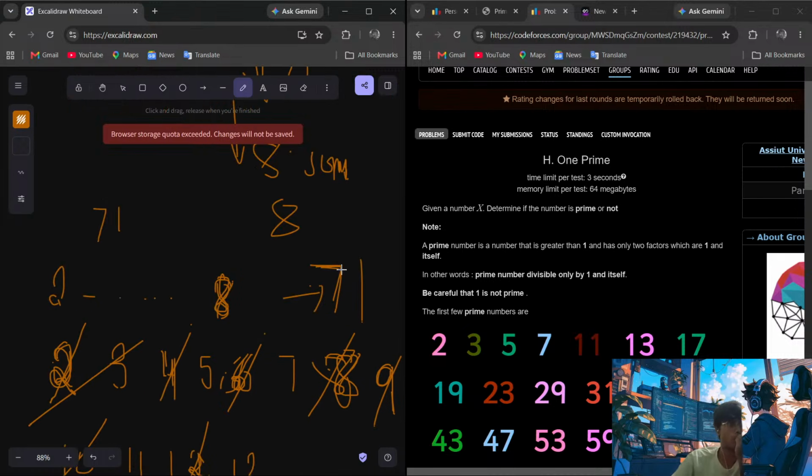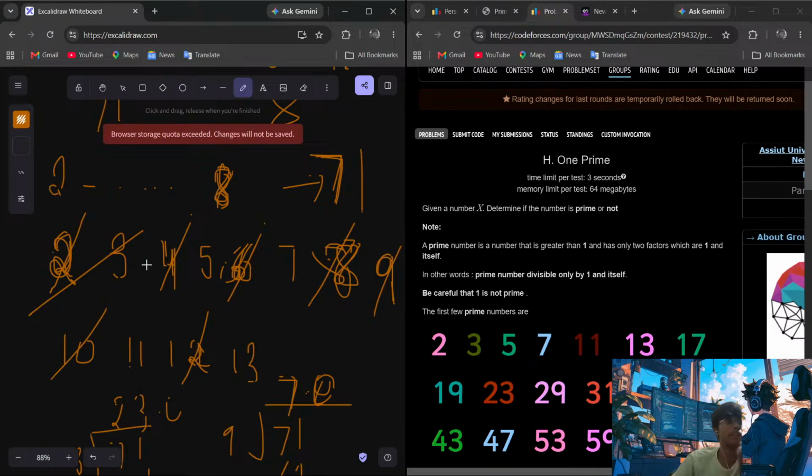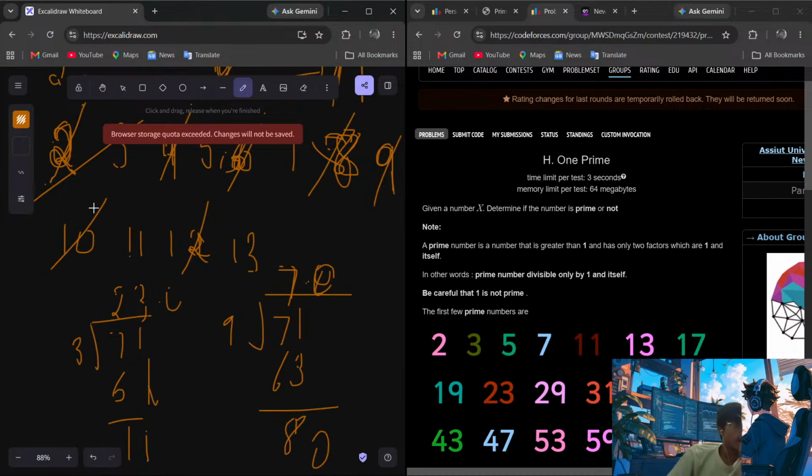So what I understand here is that if 3 does not divide 71, then all the multiples of 3 also do not divide 71. It means I have to remove everything like 12 and all the multiples of 3.